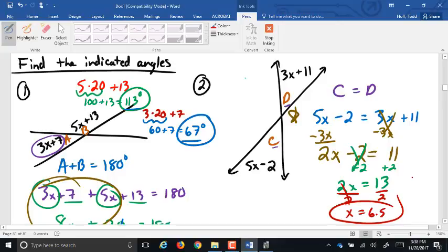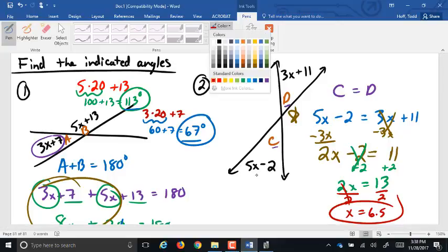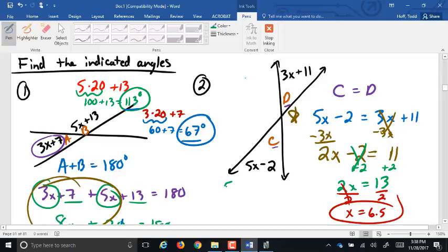Now again, we are not done. We need to go back up here and find the angles. So 5 times x becomes 5 times 6.5 minus 2. 5 times 6.5 is 32.5. Minus 2 is 30.5 degrees.